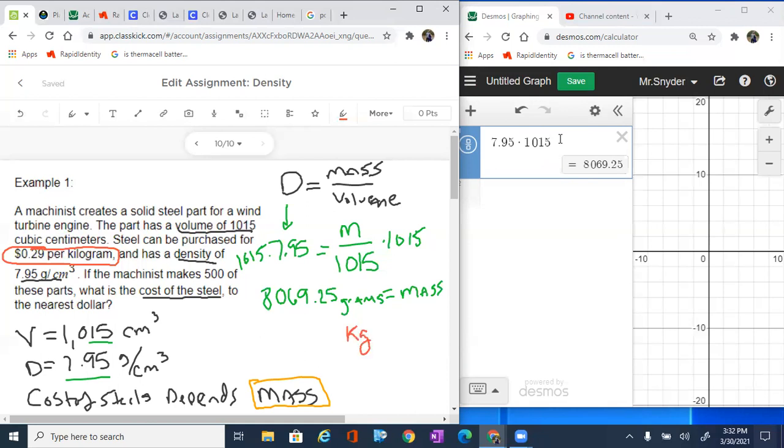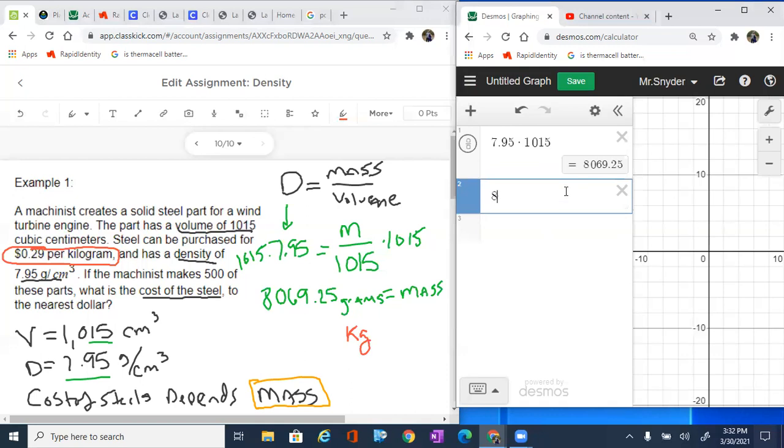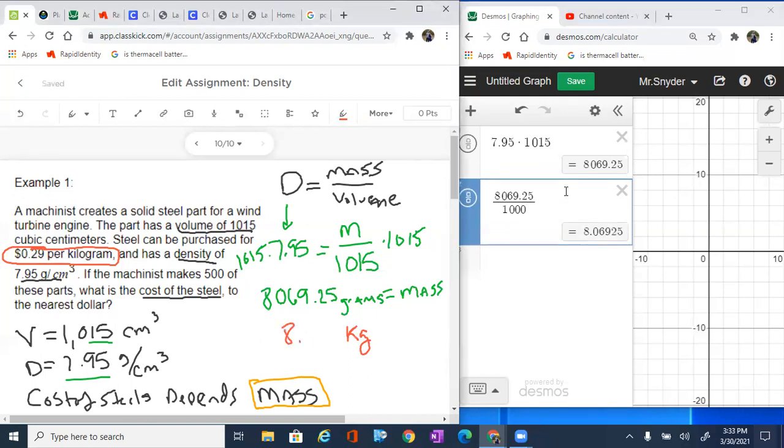We are going to say that there's 1,000 grams for every kilogram. So I'm going to take 8,069.25 and divide it by 1,000 because there's 1,000 grams for every kilogram. That's going to say that we have 8.069 kilograms of this material per piece.